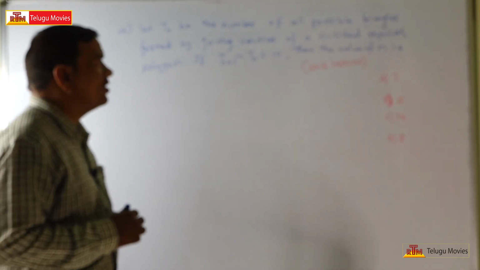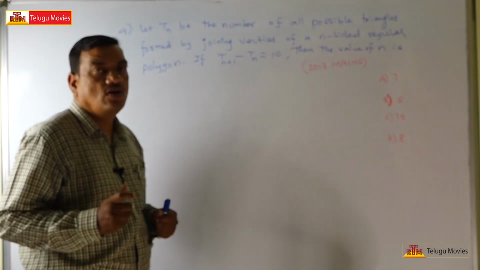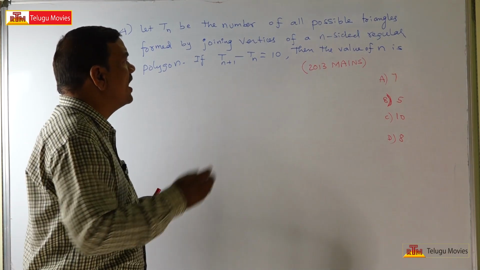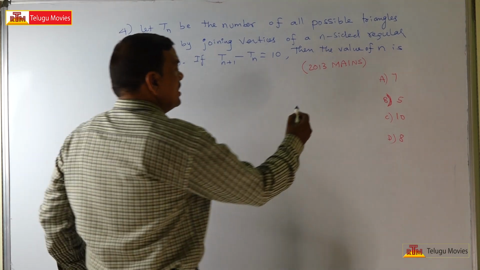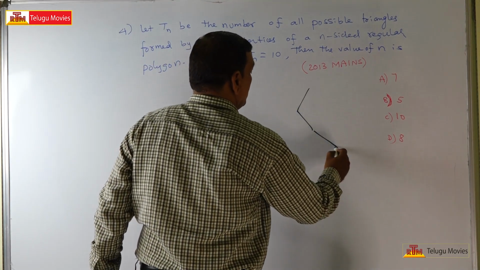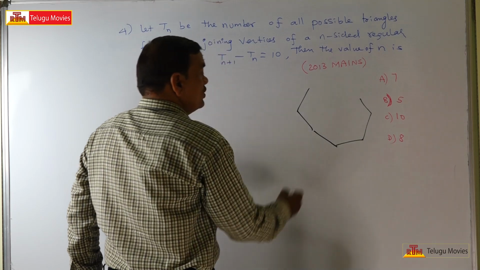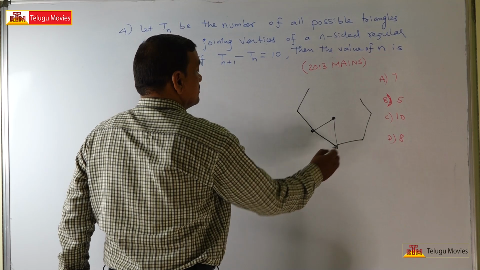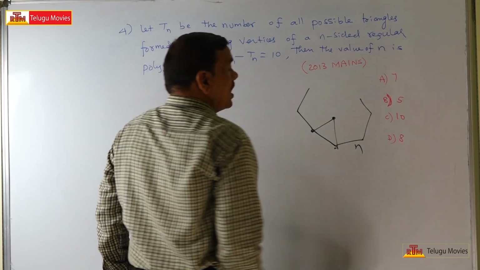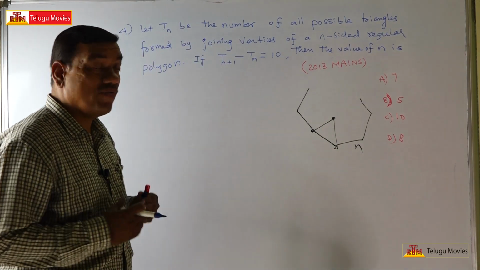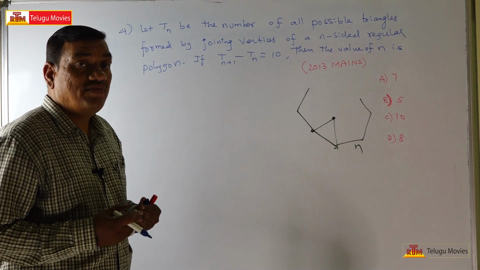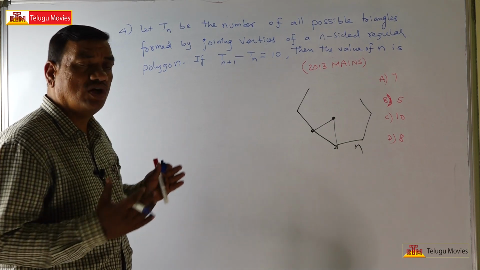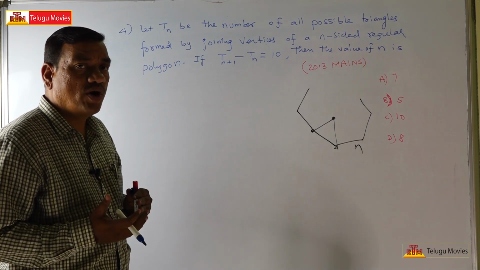First of all, if you want to draw a triangle, how many points are required? 3 points are required. So, it is a regular n-sided polygon, say a polygon with vertices 1, 2, 3, 4, 5, 6. To draw a triangle, you require 3 points. So, out of n vertices, you want 3 vertices. Since it is a regular polygon, no 3 points will be collinear.